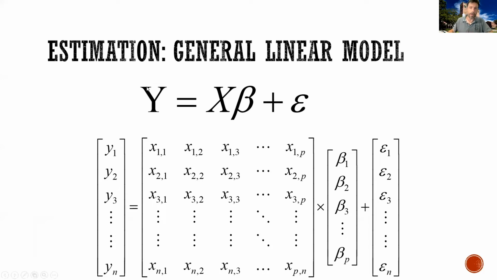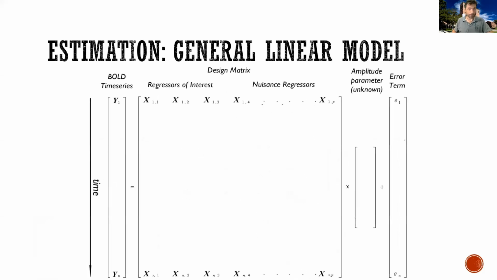So the column vector y equals X matrix times the vector of parameters plus error. But let me show this in a different way, which might make it a little bit more concrete.